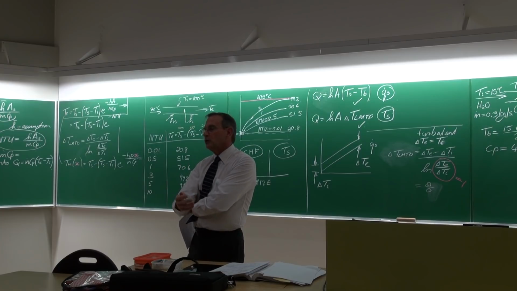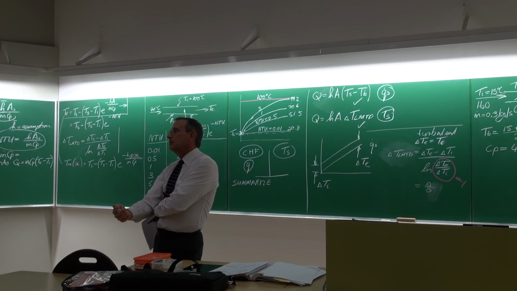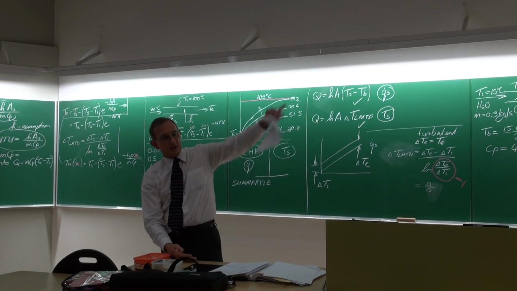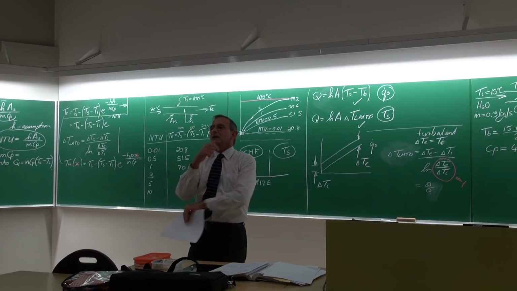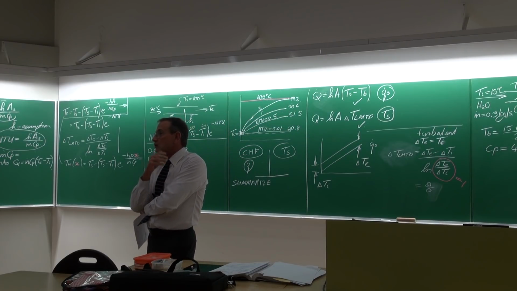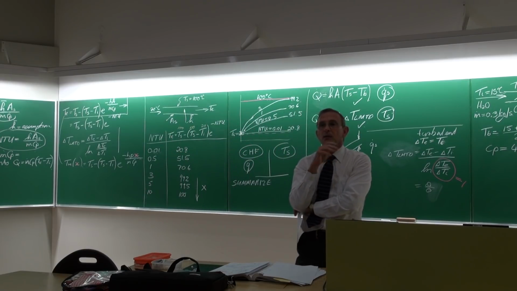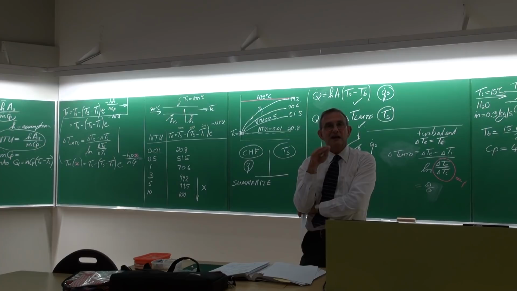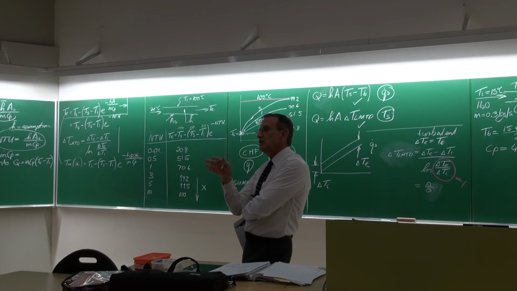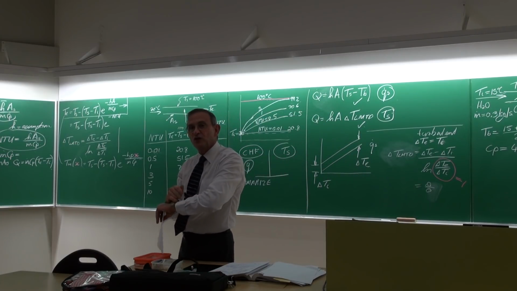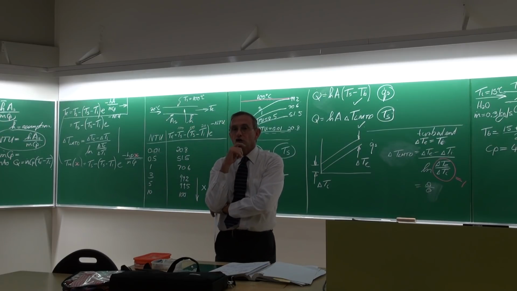But every possible geometry is not taken up in the textbook, otherwise the textbook is going to be this thick. Just for natural convection, there's lots of information available and lots of equations and ranges. But every time you need to read the fine print to see if you are in range and if you can use the equation or not.